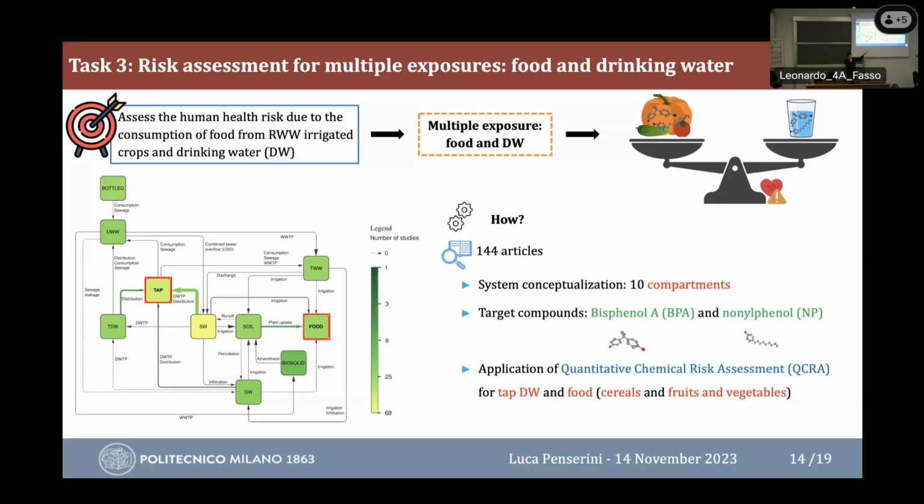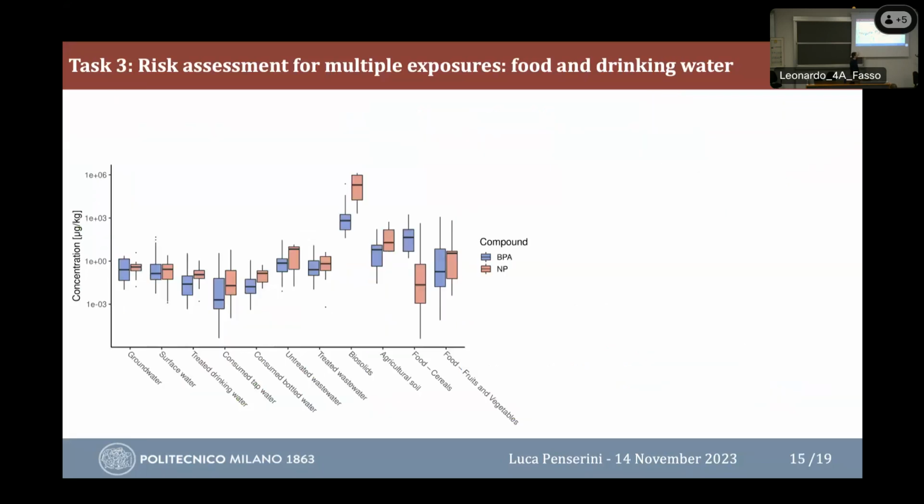Then the QCRA was applied to tap drinking water and food, in particular cereals or fruit and vegetables. Here you can see how bisphenol A and its analogues are distributed among the different compartments.